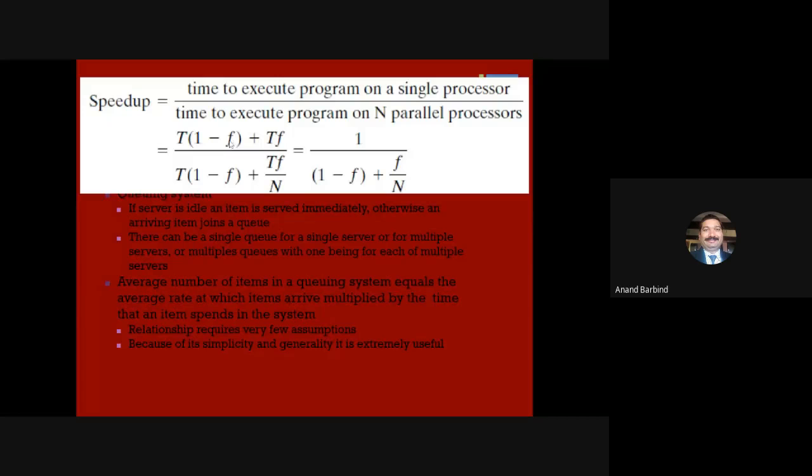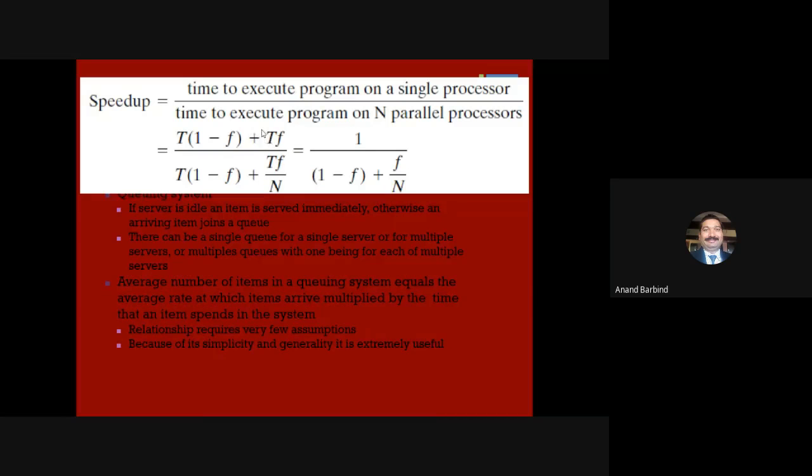So 1 minus F is related to the seriality of the program, and F is related to the parallel part, and it is divided by n.